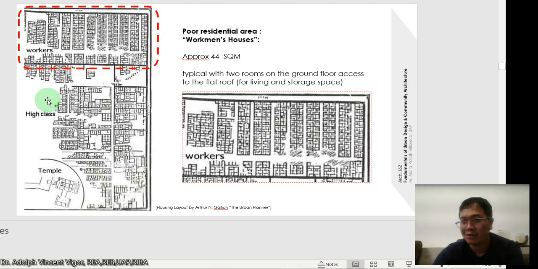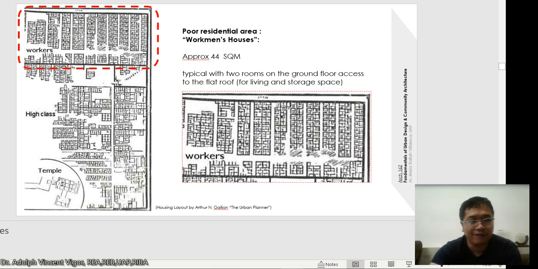I think right now, especially as Asians, we like to live in small spaces, especially if you look at some of the condos that are selling. You could see condos being sold at 36 square meters and some at 44, especially if it's studio type. But in those times, if you lived in a small house, then maybe you were just an ordinary workman or laborer, so you're considered poor.